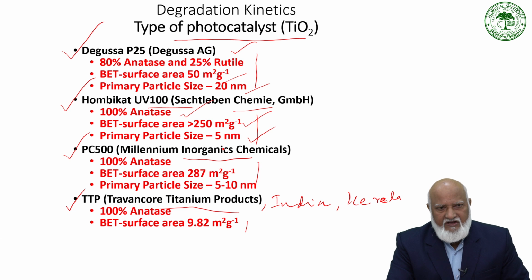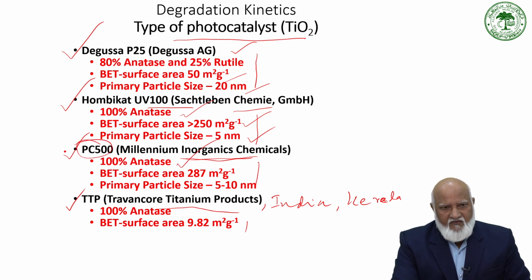So these samples differ in surface area as well as particle size, and some are a mixture of anatase and rutile while some are pure anatase. The titanium dioxide produced by Millennium Inorganic Chemicals, the form we tested, PC500, is 100% anatase. It has a BET surface area of 287 square meters per gram and a particle size of 5 to 10 nanometers.